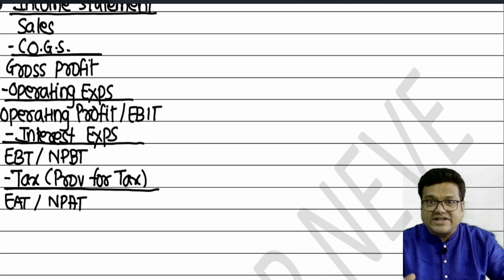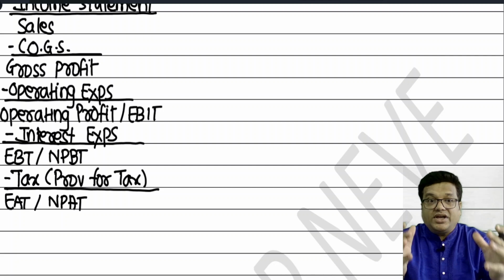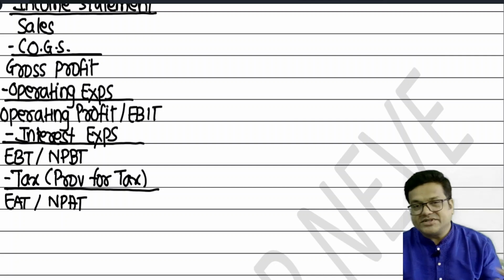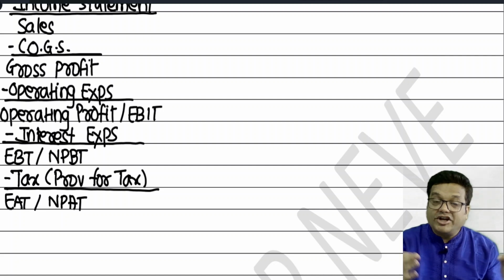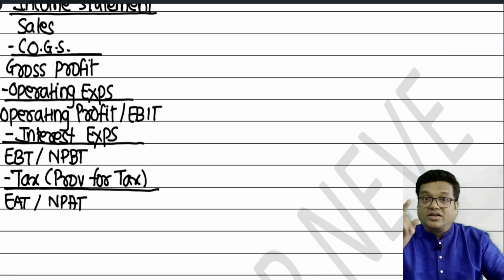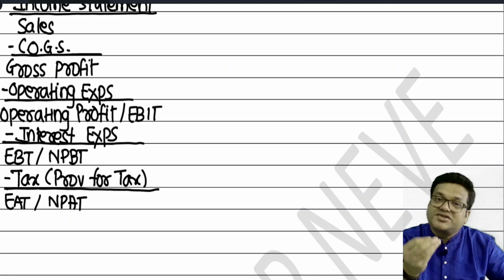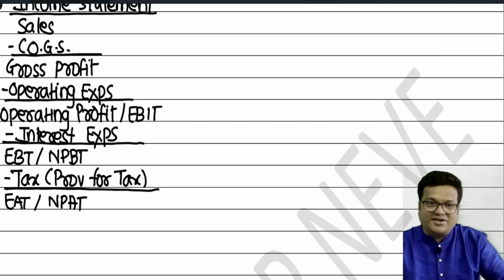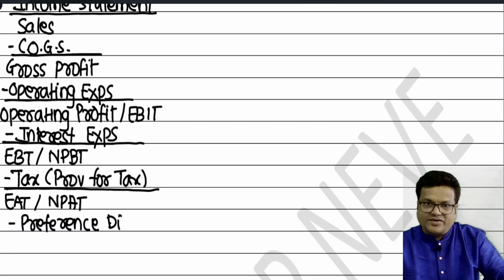Now, from net profit after tax, who will be enjoying these profits? But obviously, sir, all the taxes are paid, all expenses are paid. Shareholders will enjoy. Very true. But in that also, the first preference, as the name suggests, my friends, will be given to preference shareholders, right? So less preference dividend.